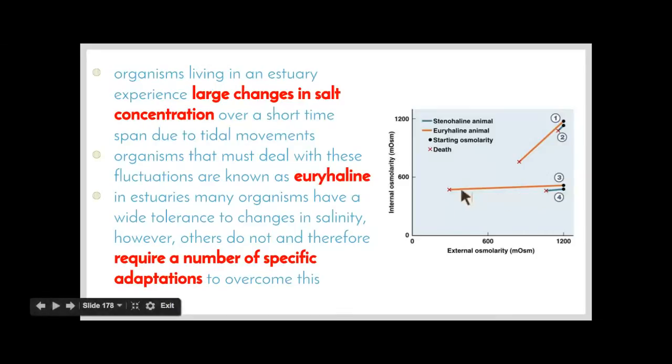This organism here can deal with massive fluctuations in salt level changes, whereas number 4 can only deal with small ones. The X's show the levels that would cause the organisms to die. We'll be looking at the difference between these organisms here and these organisms here and what they're referred to.